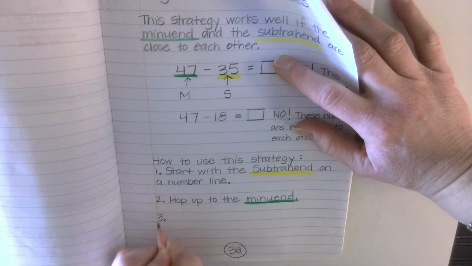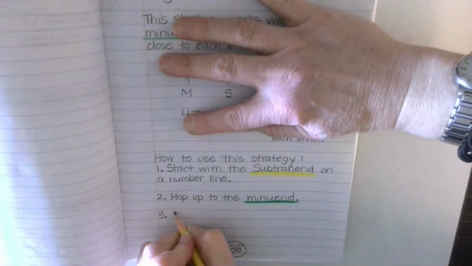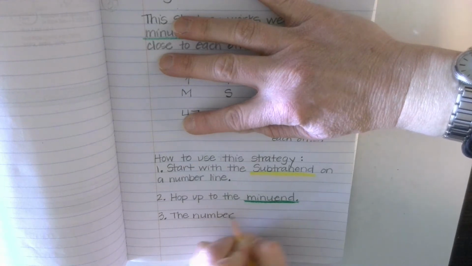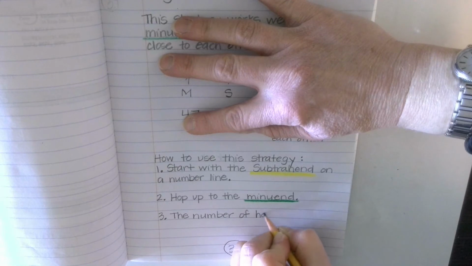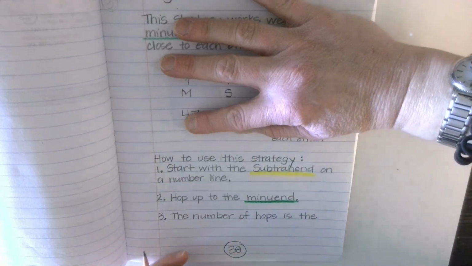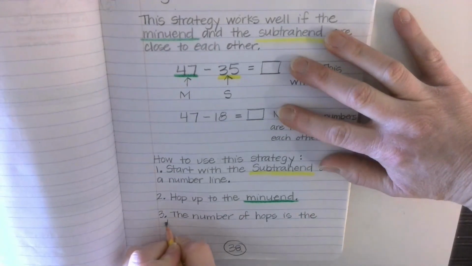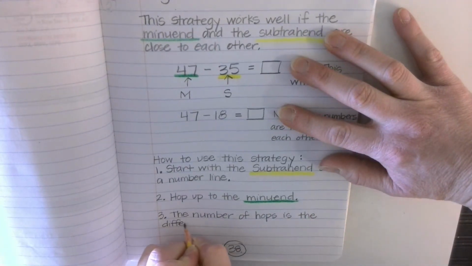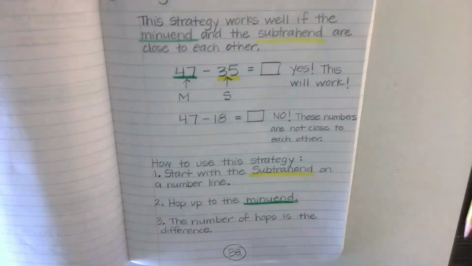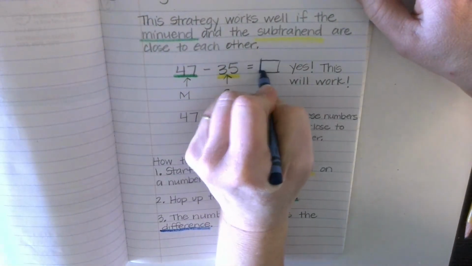Then number 3, the number of hops is the difference. And our difference, I'm going to underline that in blue. Okay, so here's our blue.